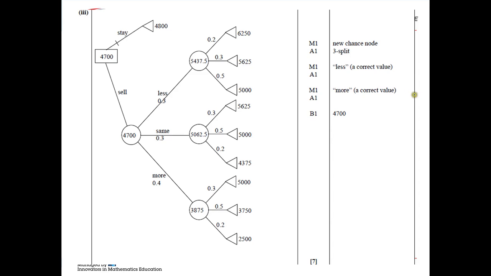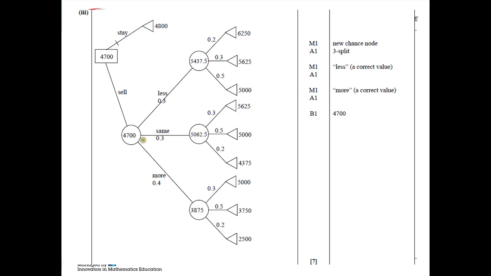Looking at the mark scheme, you can see that this is all beautifully set out, but exactly the same numbers here. You get the M1 for the new chance node here, and A1 for getting the three-way split, but you don't get that if that isn't a chance node. You get 2 marks for the less, 2 marks for the more.